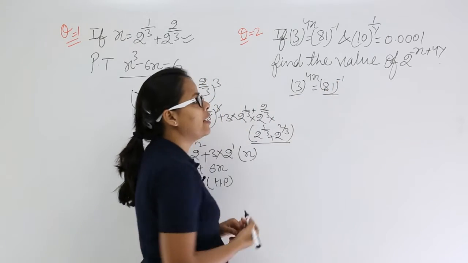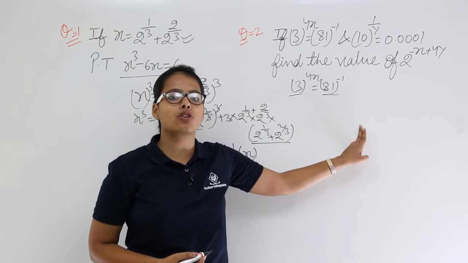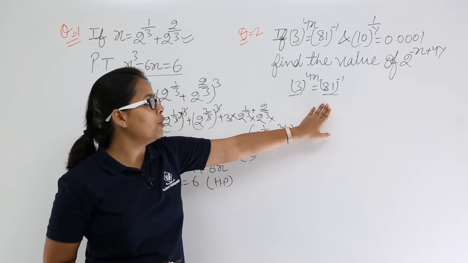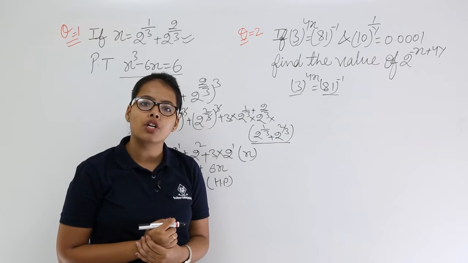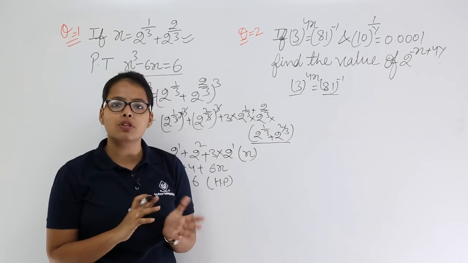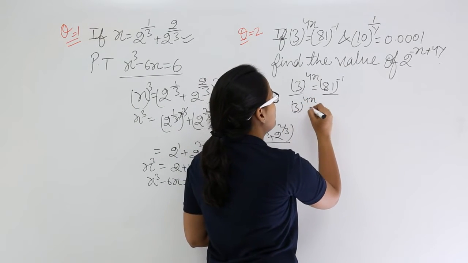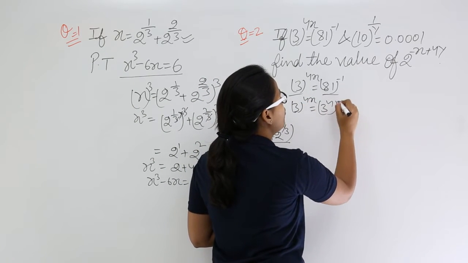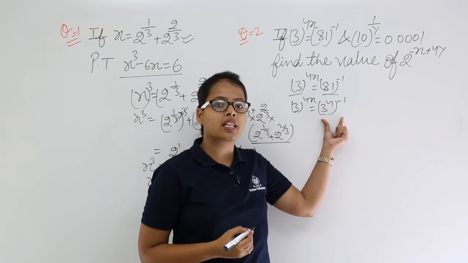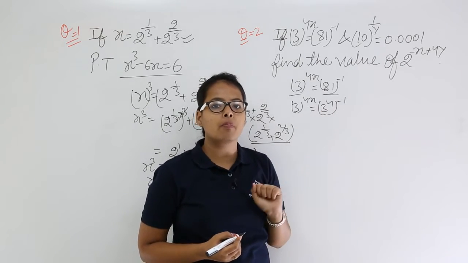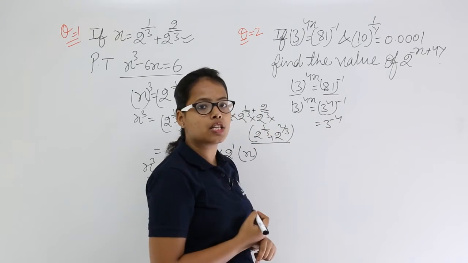Here you can see that there are different bases on your left hand side as well as on your right hand side. You can write 81 as 3 to the power 4 so that the base will become the same on both sides. Now write this as 3 to the power 4 to the power minus 1. Here you are going to apply the third law. 4 will get multiplied with minus 1 and you will get 3 to the power minus 4.